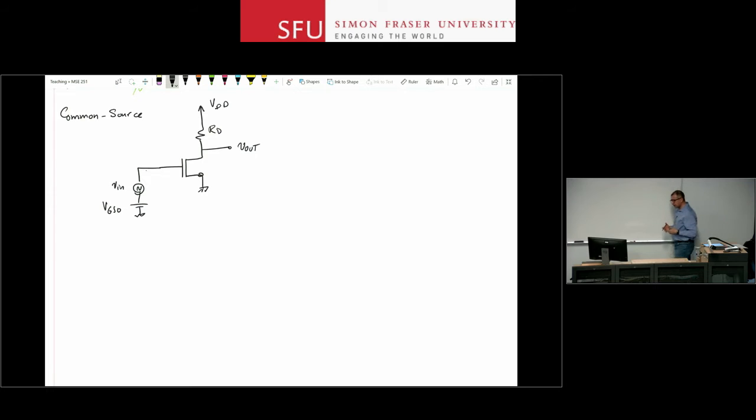The only difference here is in AC and DC analysis, where you use the quadratic equations to figure out the bias point parameters, including the drain current, right? So this is the basic common source stage. Of course, you can have a resistor in the source, and it gives you the same benefits that we mentioned for the common emitter stage.